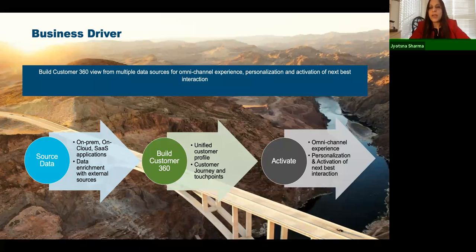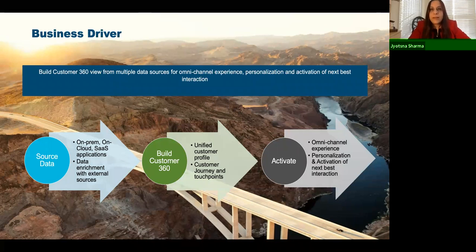So pretty much what we are talking about is a unified 360-degree view of your customer. And building this customer 360 view in turn means you need all the data about your customer, which is living in a plethora of applications that are on-prem, on cloud, on your SaaS platforms. You have data coming in from external sources. And not just that, it's coming in umpteen formats.